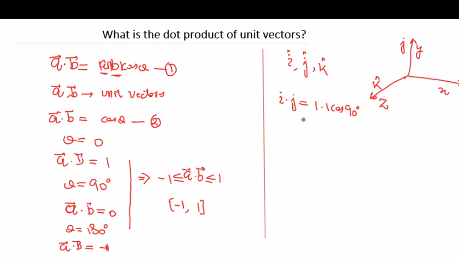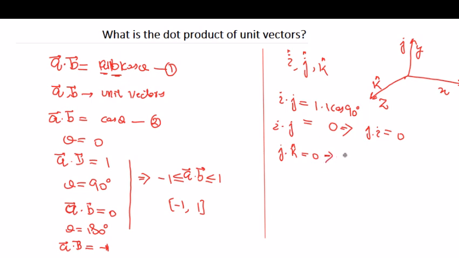Now this is equal to 0 because cos 90 is equal to 0. This implies that j dot I will also be equal to 0 because commutative property holds and dot product is a scalar product. Now j dot k similarly will be equal to 0.